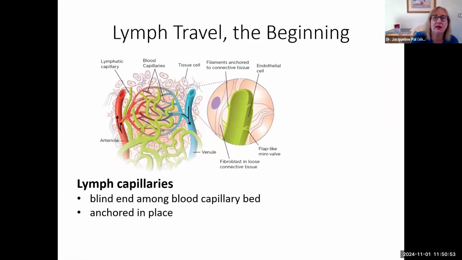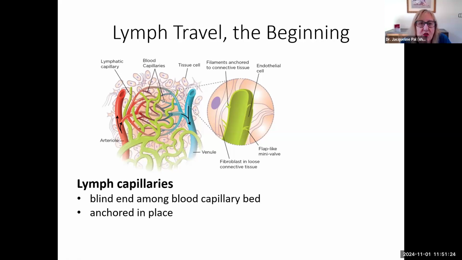Okay, so let's look at the travel of lymph. When we look, we have a regular blood vessel capillary bed here with an arteriole on one side and a venule on the other side, and the capillary bed where gas exchange occurs, and then tucked up among it, we have lymphatic capillaries. And they all have blind ends with little protein filaments which anchor them in place. So they're tucked and stuck among regular blood capillaries.